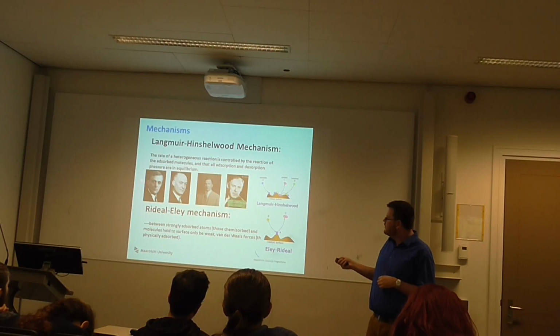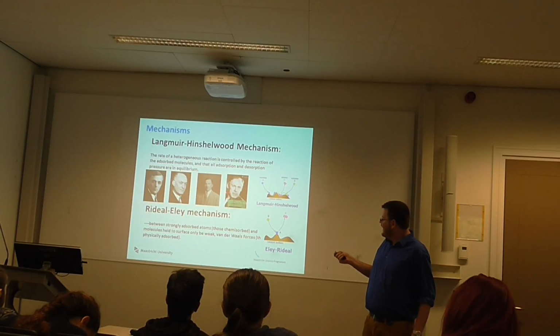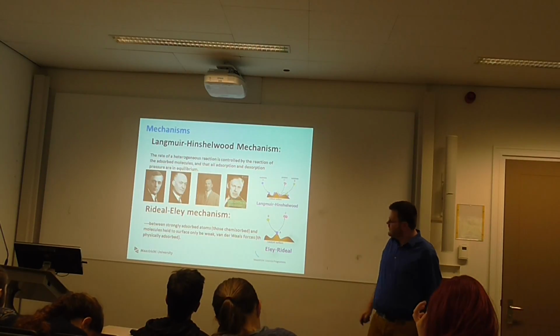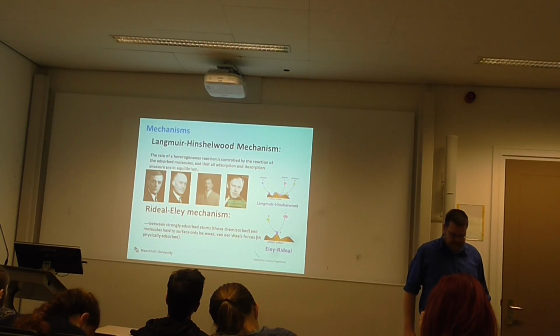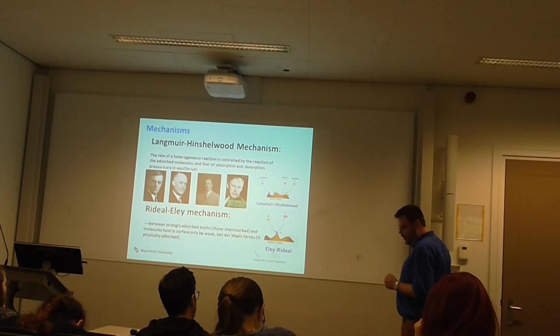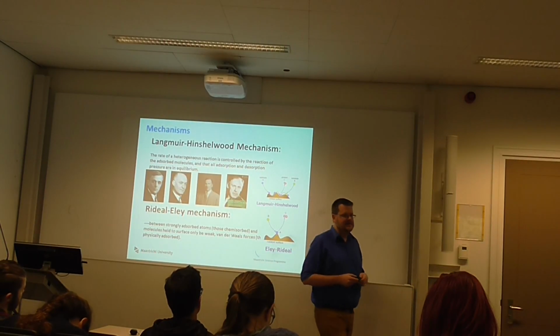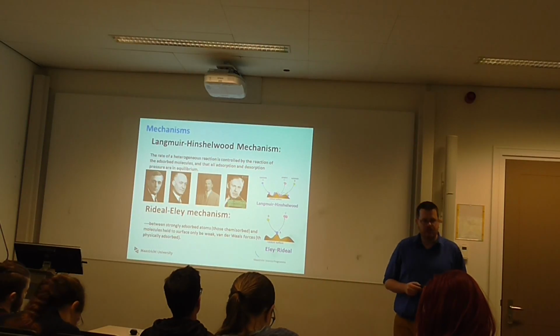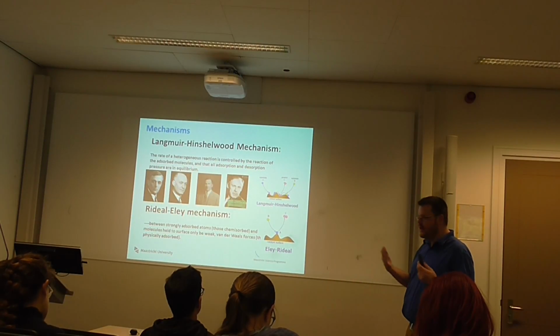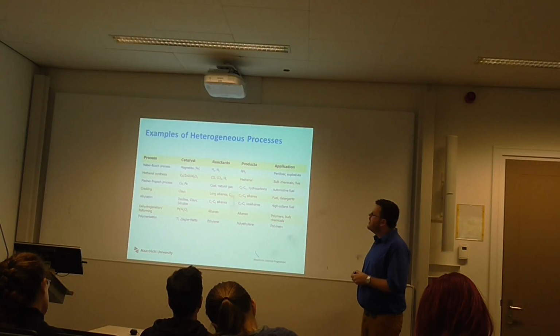So that's Langmuir over there, and Hinshelwood, and this is Eley, and this is Rideal. So this is sort of 20th century science. And I should mention this process of understanding surface phenomena and surface catalysis resulted in the 2007 Nobel Prize. So this is a very important field and a very exciting one.